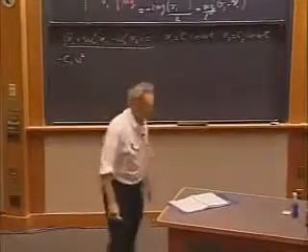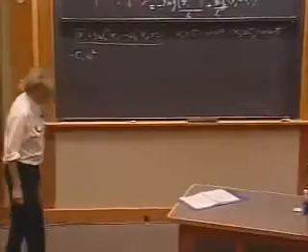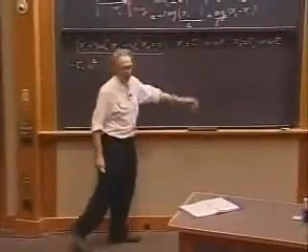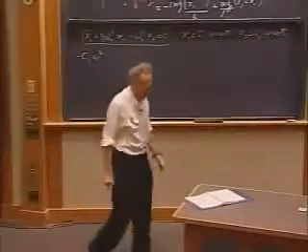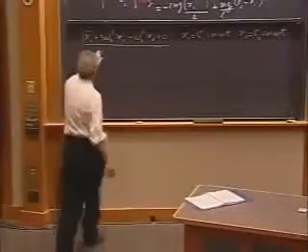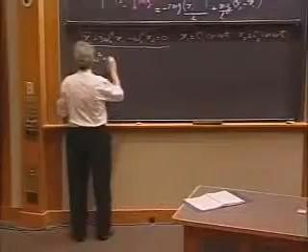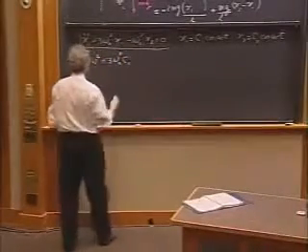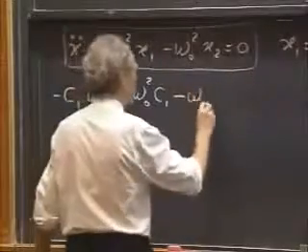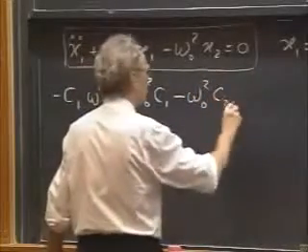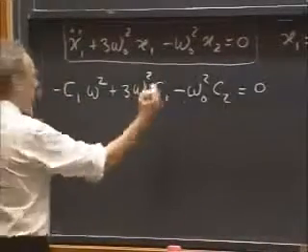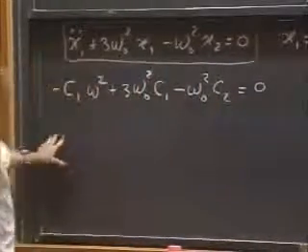I ditch the cosine omega t terms because I'm going to have a cosine omega t everywhere, so I'm not going to write it down. I have here plus 3 omega 0 squared times C1. I have here minus omega 0 squared times C2, and that is 0. Notice I put the C1s here and the C2 there.